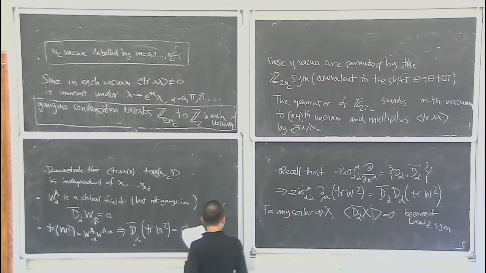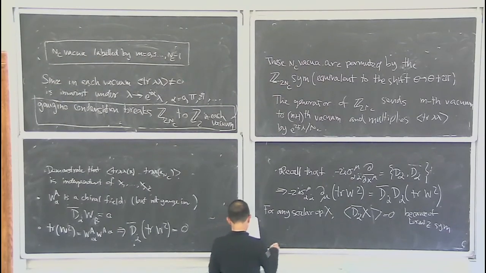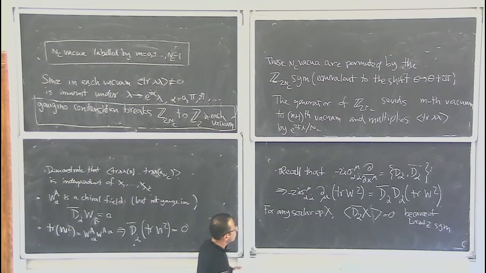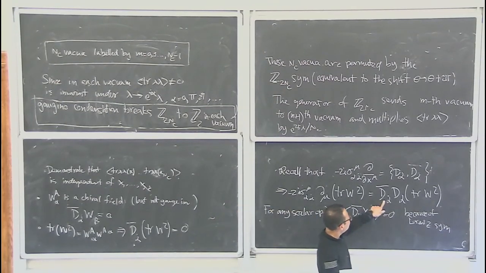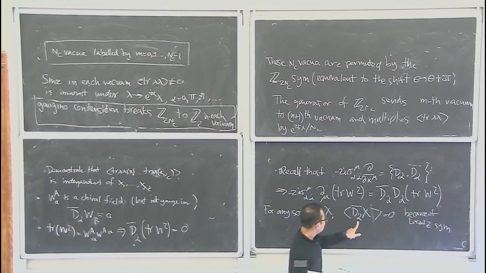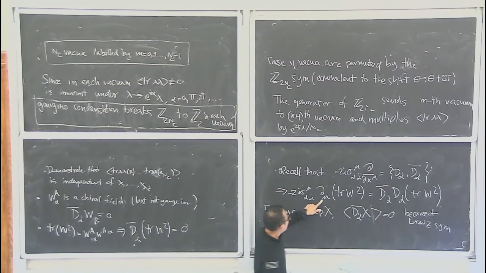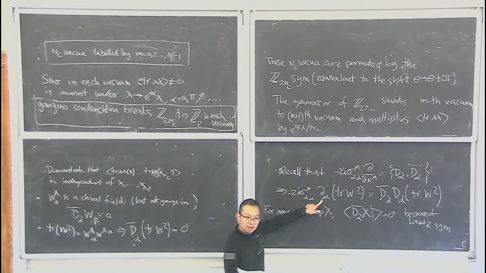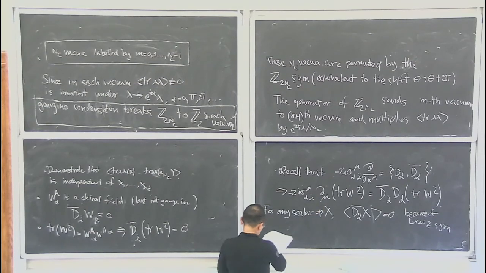Okay? Now you use the fact that this is D bar alpha dot of whatever is inside here. So if you compute the expectation value, it has to be 0. Therefore, this is 0. Okay?